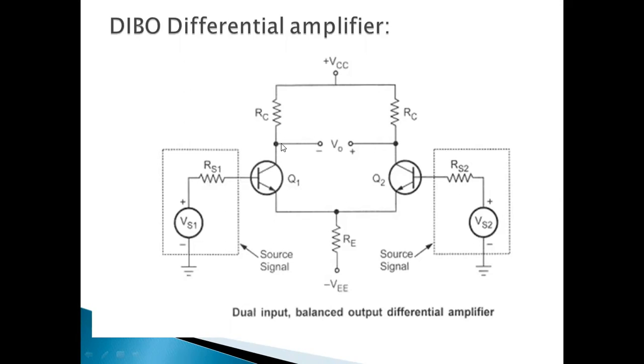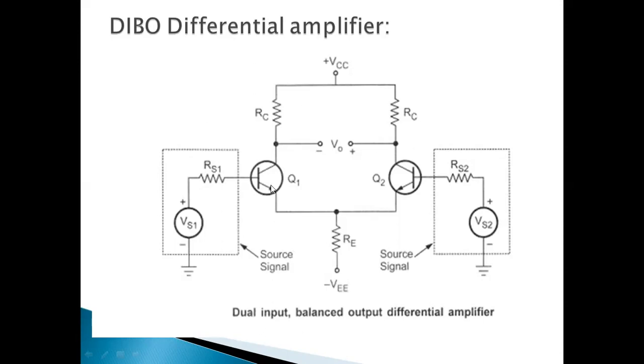Next, we connect the VCC supply of both transistors, and we connect the collector terminals of the first and second transistors together. So we have a connection like this. This is the differential amplifier.